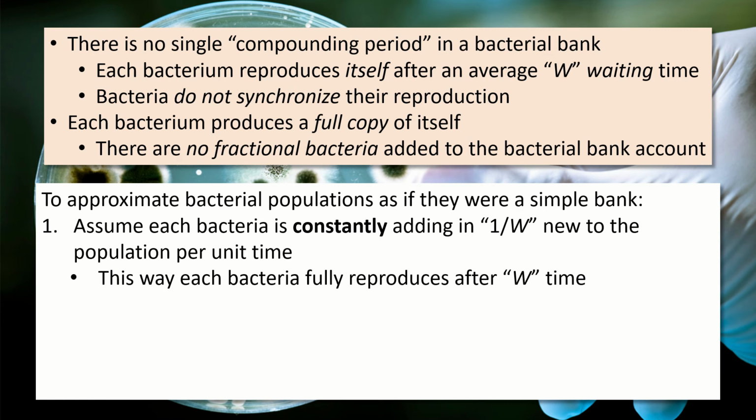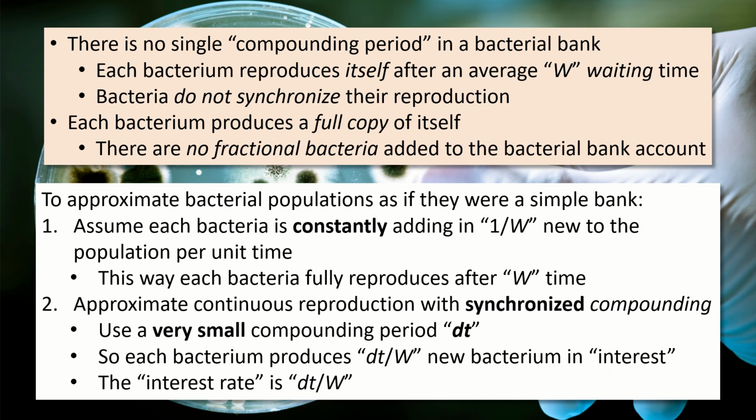So instead of thinking one bacteria sits there alone, and then suddenly after W time there are 2, I think of one bacteria as gradually oozing out a little bit more, just like in that picture of a dollar bill oozing out a little bit of a partial dollar bill. And then after a certain amount of time, it's oozed out enough for there to be 2 bacteria. That's what we're picturing here.